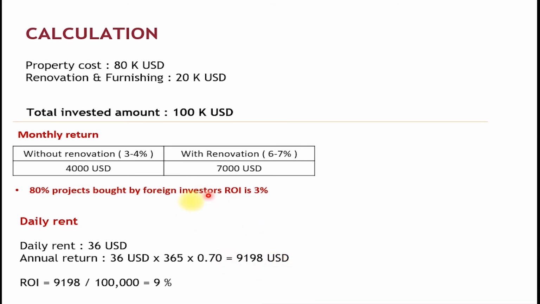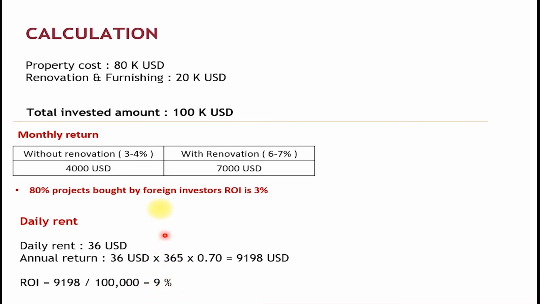Let's suppose $9,000. Okay, so let's calculate our rate of return. How were we calculating? Annual return divided by invested amount. Our invested amount is $100,000 and our annual return is $9,000, so $9,000 divided by $100,000. We are expecting 9%.